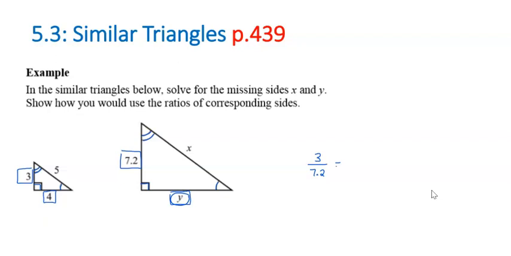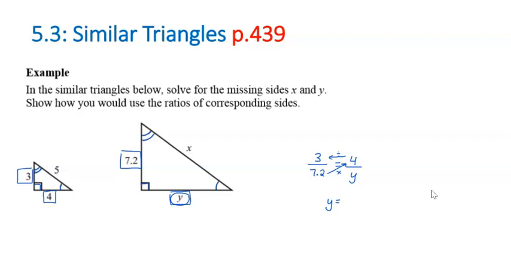I will write an equal sign, using my small triangle length over the larger triangle length. Now I can use either algebra or my shortcut method. I can cross multiply 7.2 times 4 and divide by 3 to solve for y.